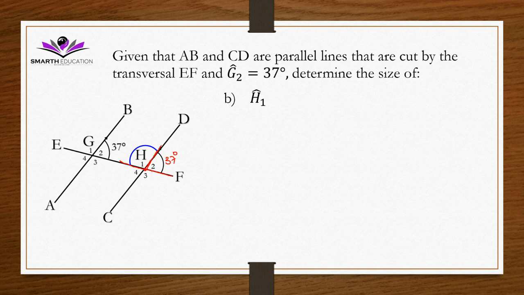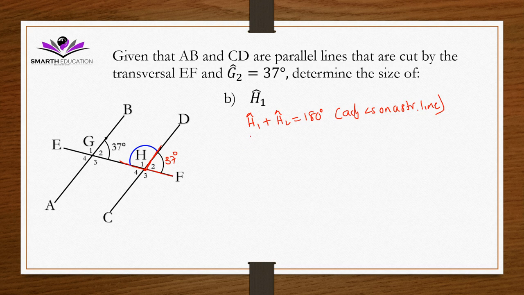They're forming letter Y there. So you can say angle H1 plus angle H2 is equal to 180 degrees, adjacent angles on a straight line.